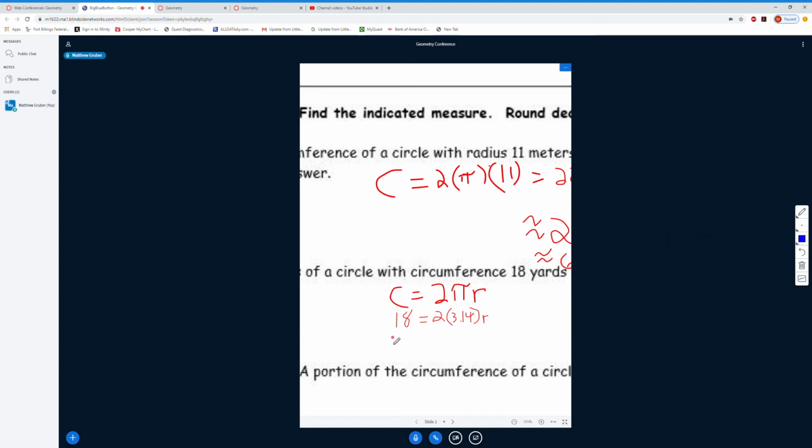All I need to do is divide both sides by this product, and that will cancel that out. Then the radius is approximately, it's just a calculator problem now, type this in your calculator, 2.9 yards.